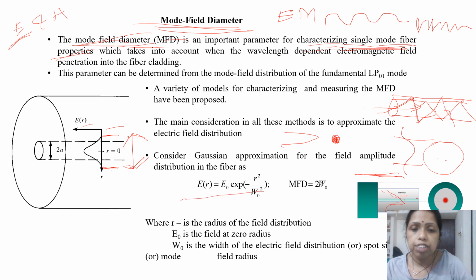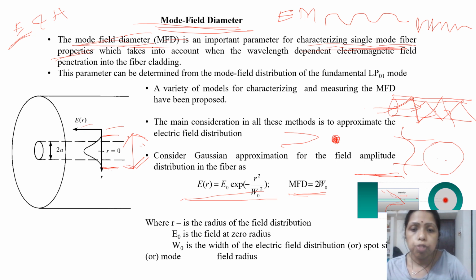You can define the electric field distribution as E with respect to R, the electric field distributed with respect to distance. So E naught is the maximum field at R equal to 0, E = E0 e to the power minus R square by W square. So W is the half of the mode field diameter, or the width of the electric field distribution, or spot size.